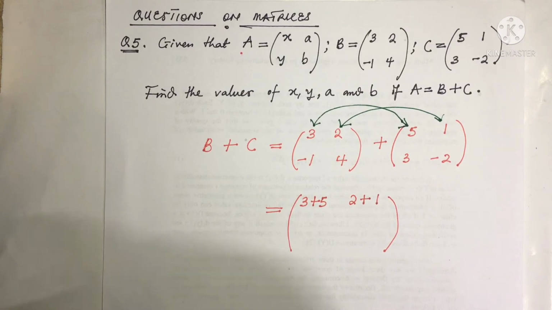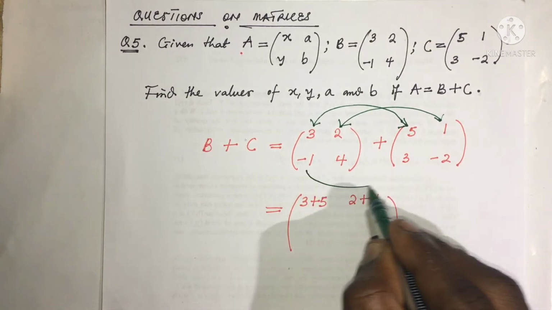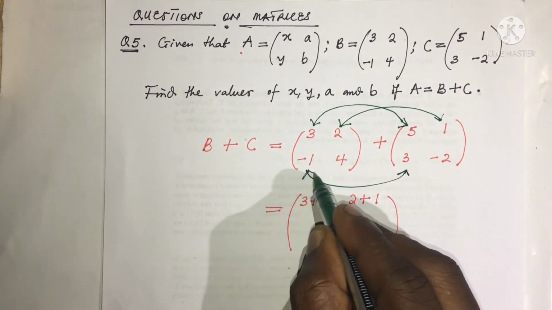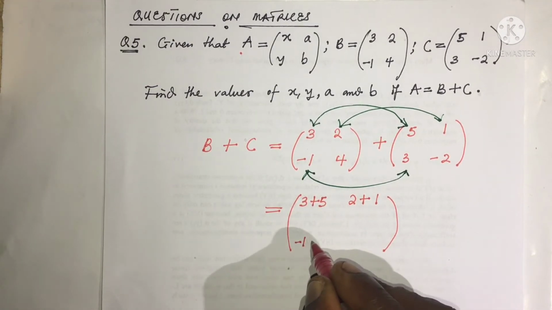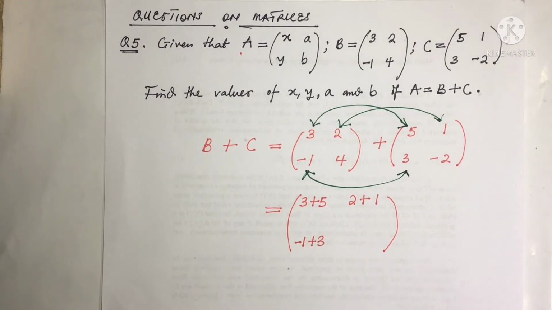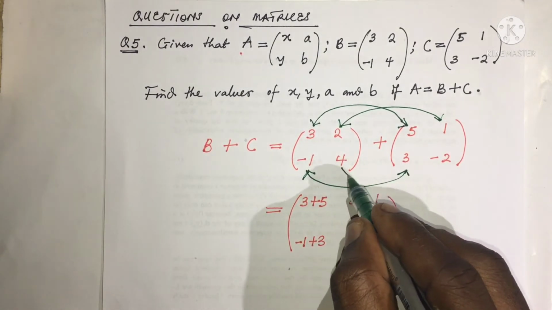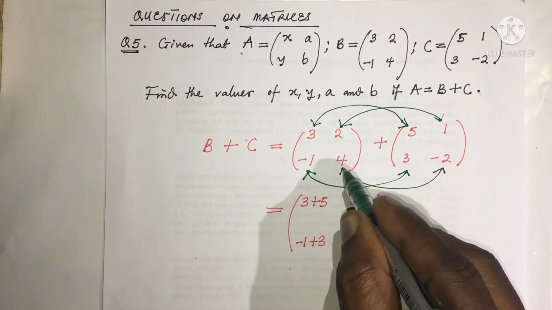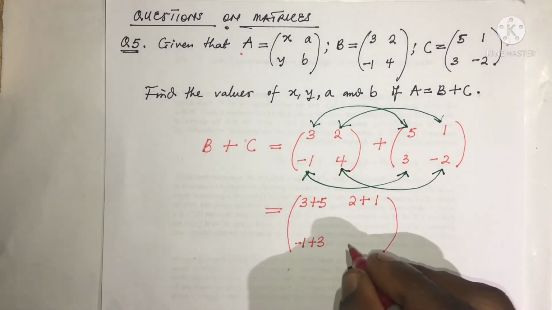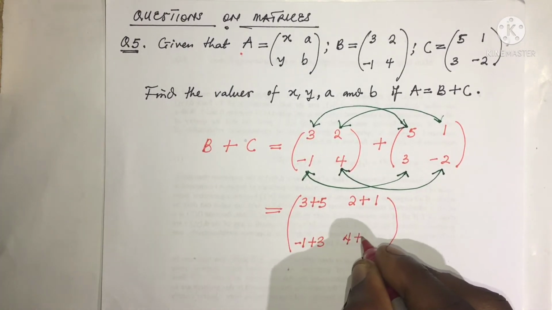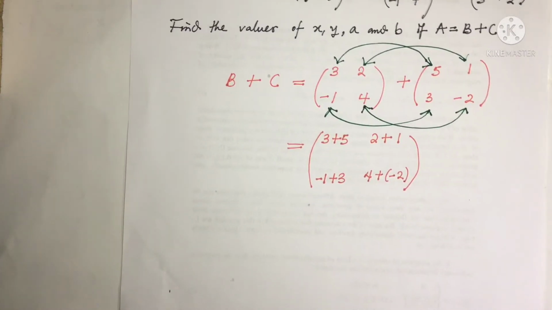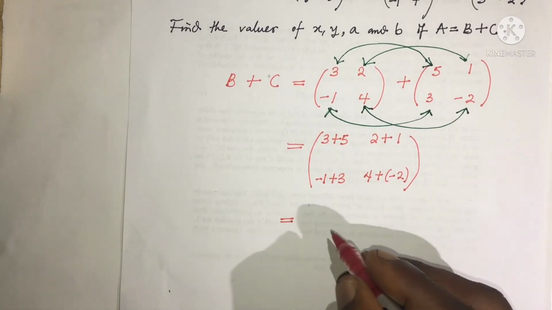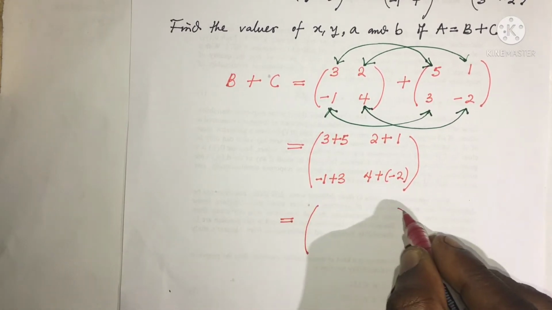Then I'm going to come down here and add minus 1 to 3, so that will give me minus 1 plus 3. I'm going to add also 4 to minus 2, so this will be 4 plus minus 2.